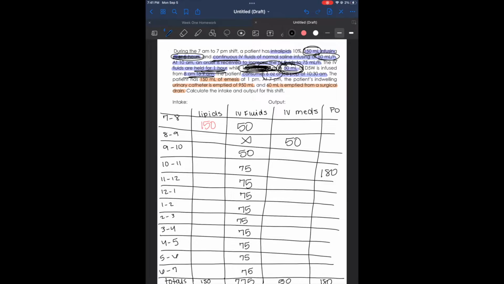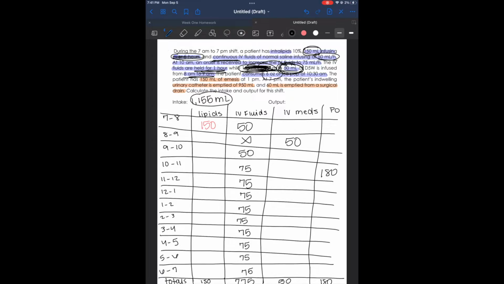And now we're just going to add all of our totals up. So we should get an intake of 1,155 milliliters.